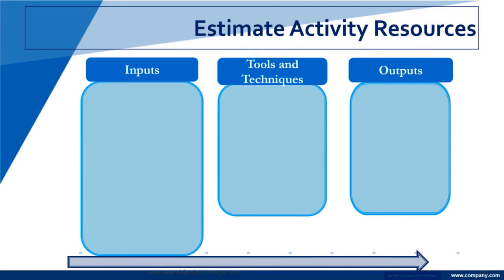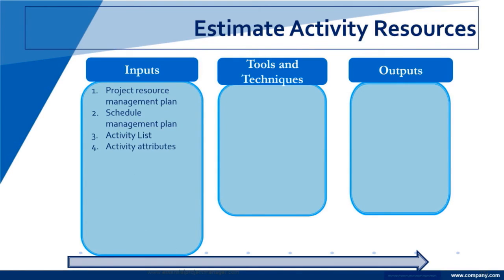We've moved it into this particular area, and we're looking at it with inputs of the project resource management plan, the schedule management plan, the activities list that we've created, activity attributes, so those details around the activities that we've already created, our resource calendars, risk register.